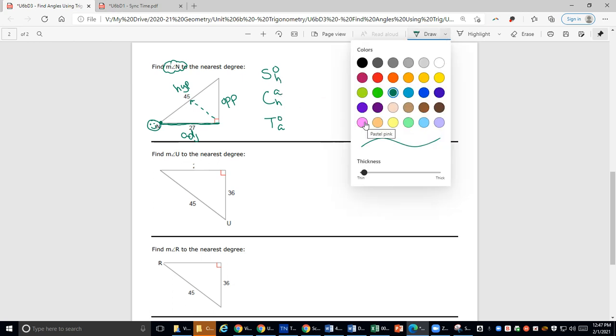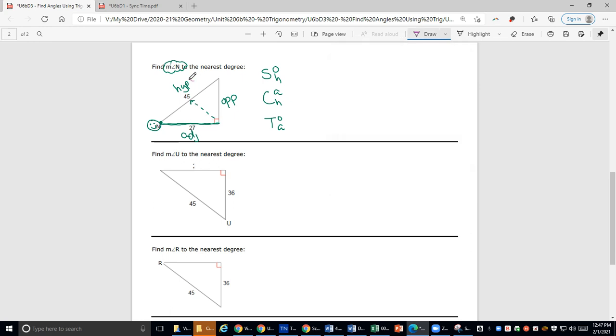Okay, all right, so then I'm going to circle the two sides I know. Before, remember, we circled a side that I was trying to find, and we circled a side that I already knew, but here we know two sides. So since we know two sides and we're trying to find this angle, I'm using these two sides to work backwards to find the angle. So I've got my hypotenuse, and I've got my adjacent.